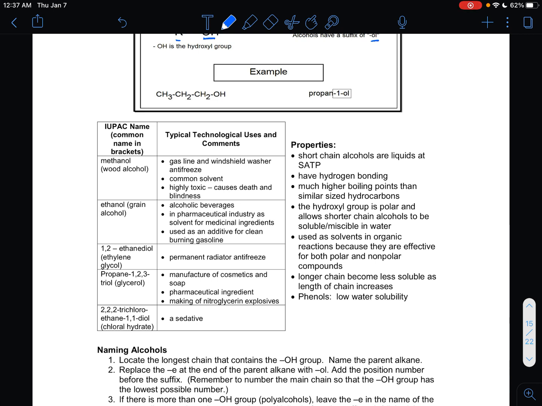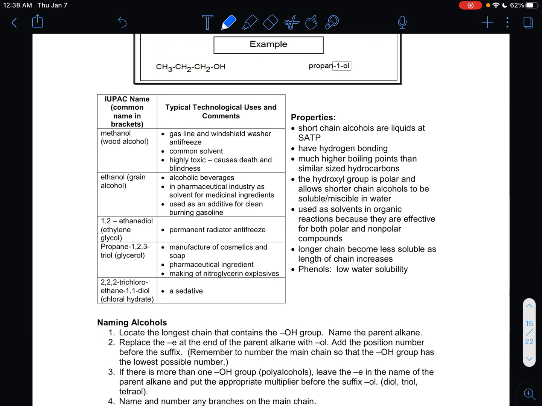And it's often used as a solvent. It's used as a disinfectant as well. Ethane diol or ethylene glycol is used in antifreeze, glycerol is used in soap manufacturing, and a couple of other things here. But you have probably been exposed to alcohols as examples more than anything else.